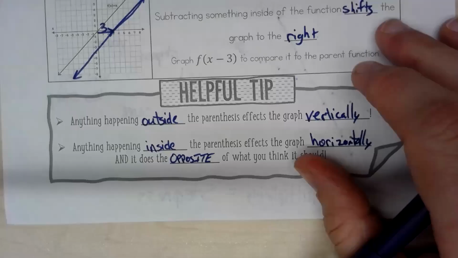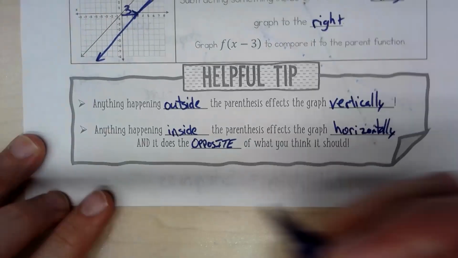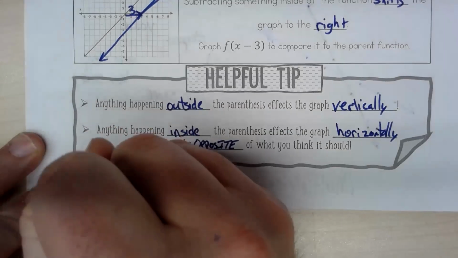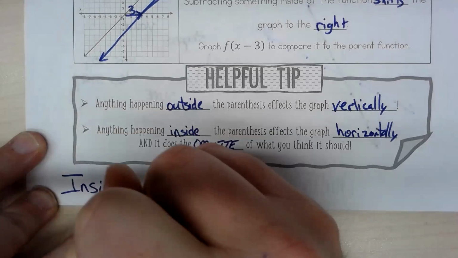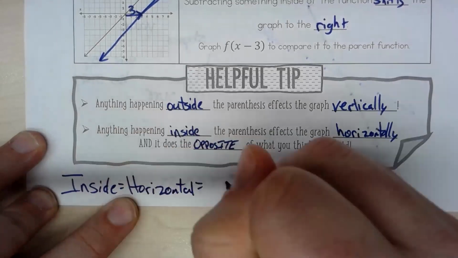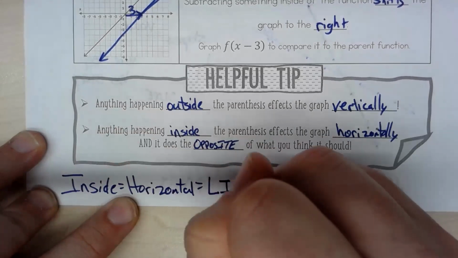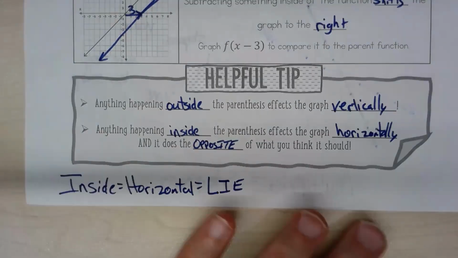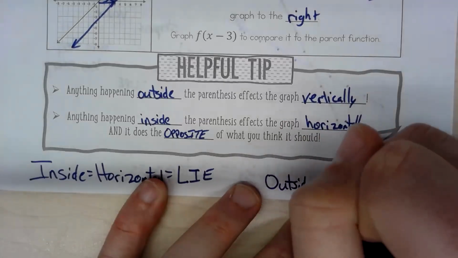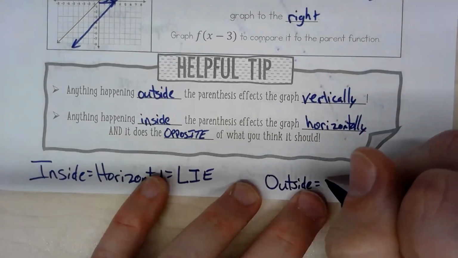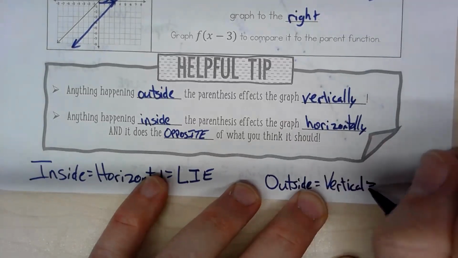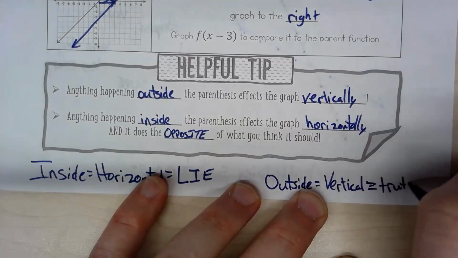So I'm going to add something down here. I want you to write this down. All right, I'm going to write down here. Inside equals horizontal equals lie. I'm going to say outside equals vertical equals truth.